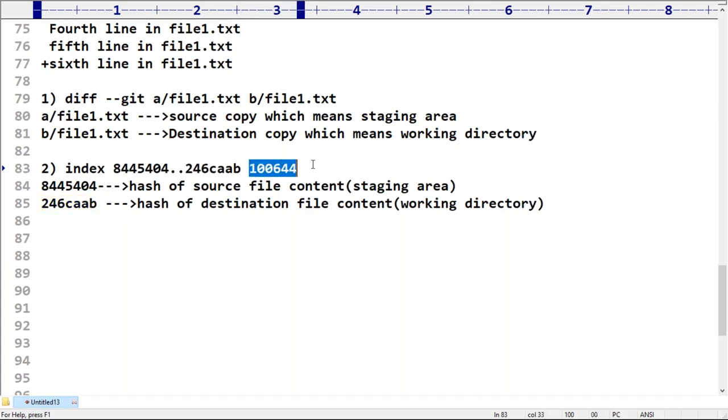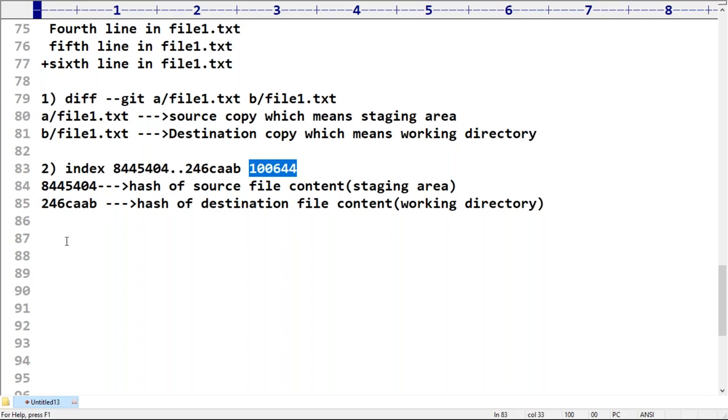Next, what is this one, sir? Viraj is asking what is the meaning of hash. Hash means the content will be converted into a cryptographic equivalent code.